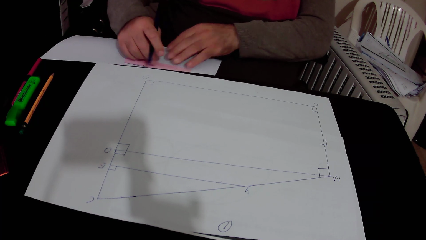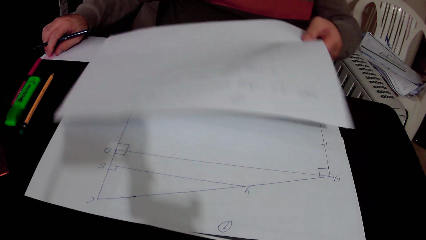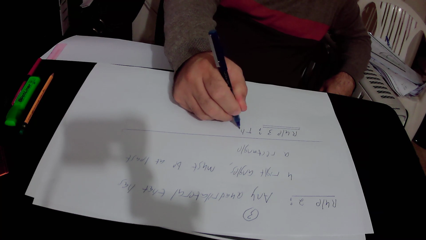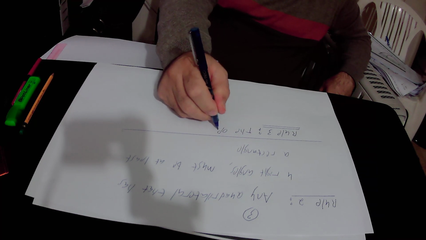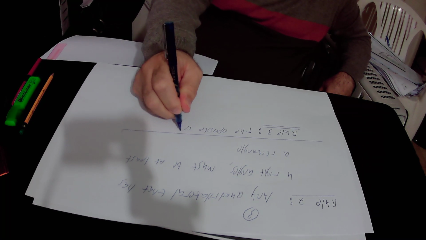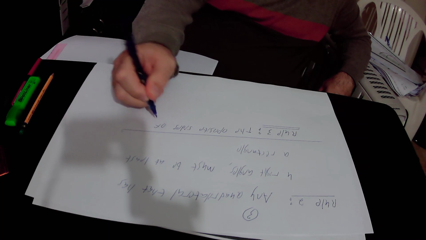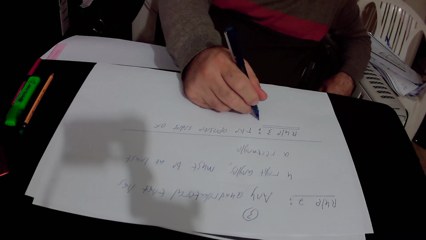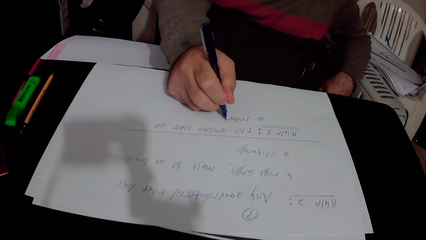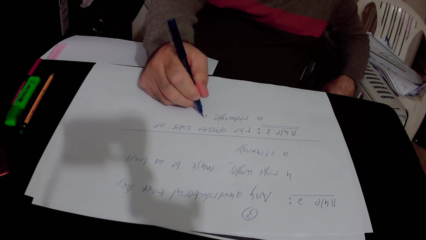I write it down. According to rule number 3, the opposite sides of a rectangle are equal to each other.